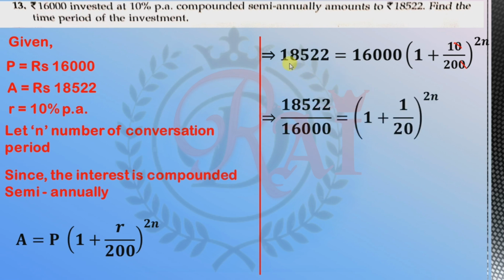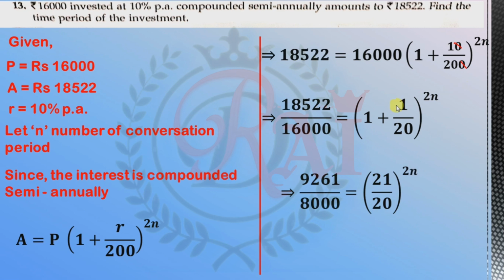So next, 18,522, when 16,000 comes this side it becomes a division. So 18,522 divided by 16,000 is equal to (1 plus 1 by 20) raised to the power 2n.